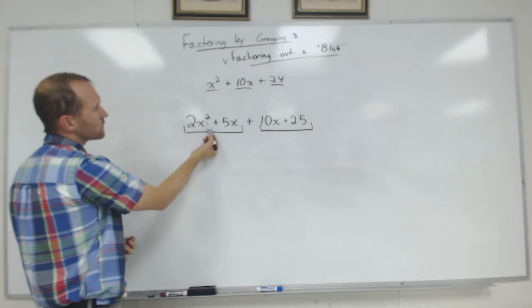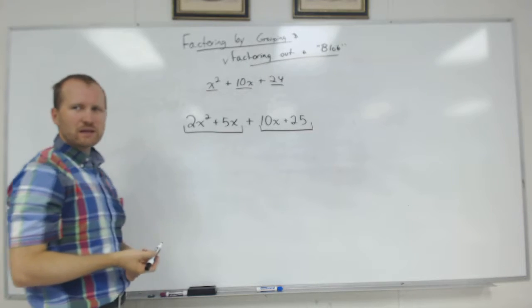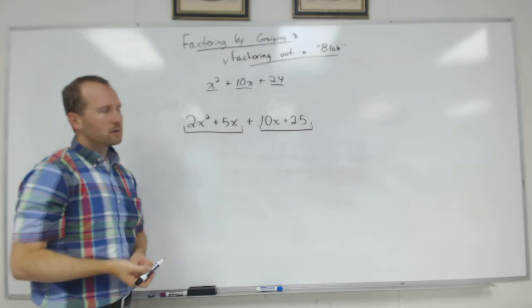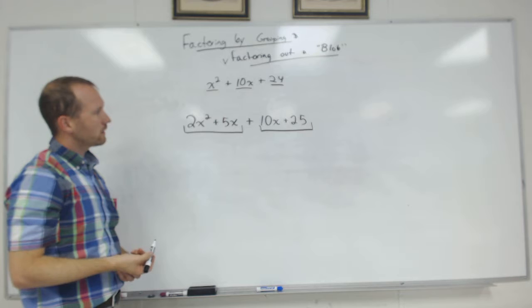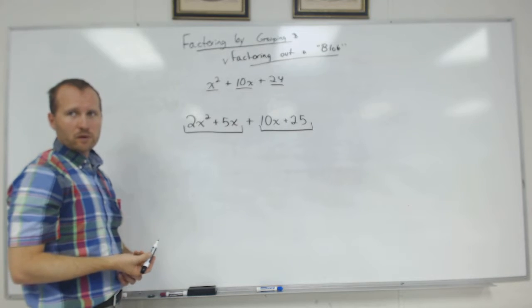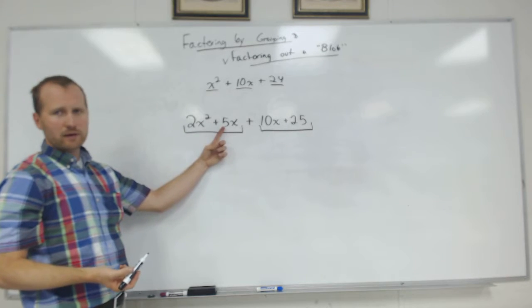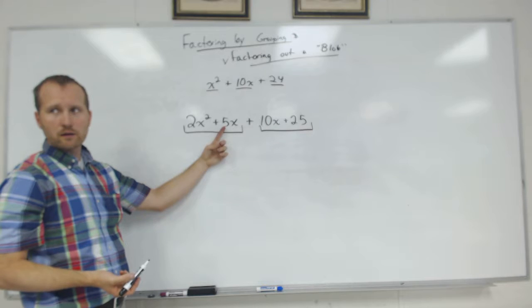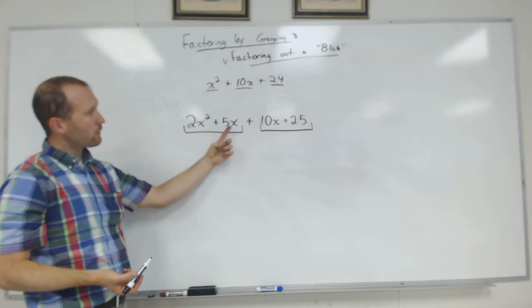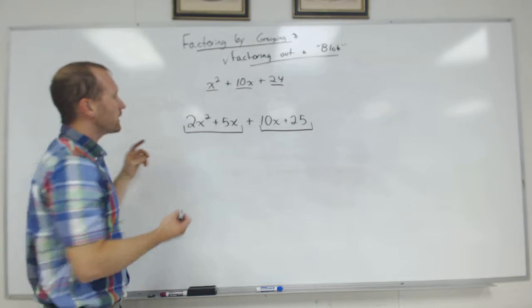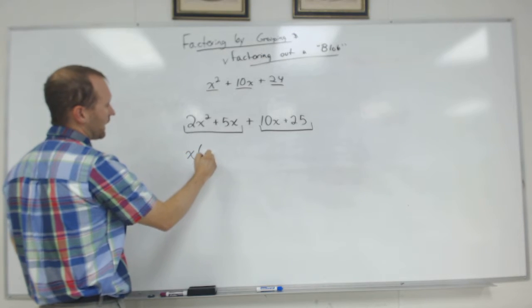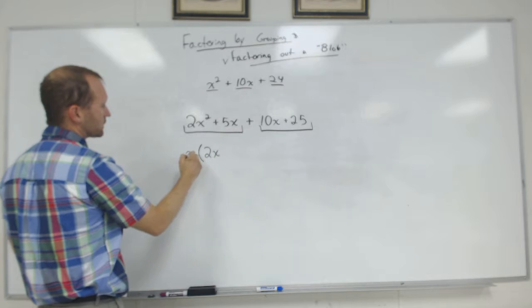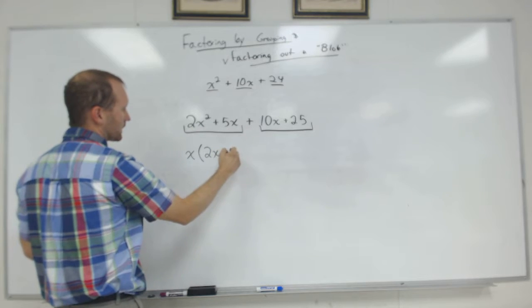So between 2x squared and 5x, what do those have in common? 2 and 5 don't have anything in common, but that's not all there is. They both have an x. So we could pull out an x, and that would leave x times 2x plus 5.